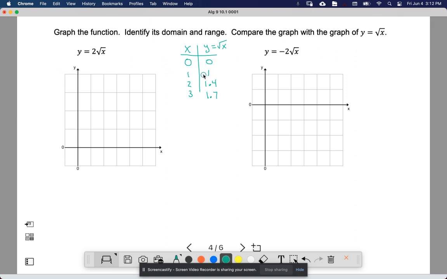So with that being calculated, we can graph out our parent function here first, and then we'll go and do the new one. So parent function, square root of x, looks like this when we put values in, 0, 0, 1, 1, 2 and 1.4, so roughly about there, and then 3 and 1.7, so roughly right about there.